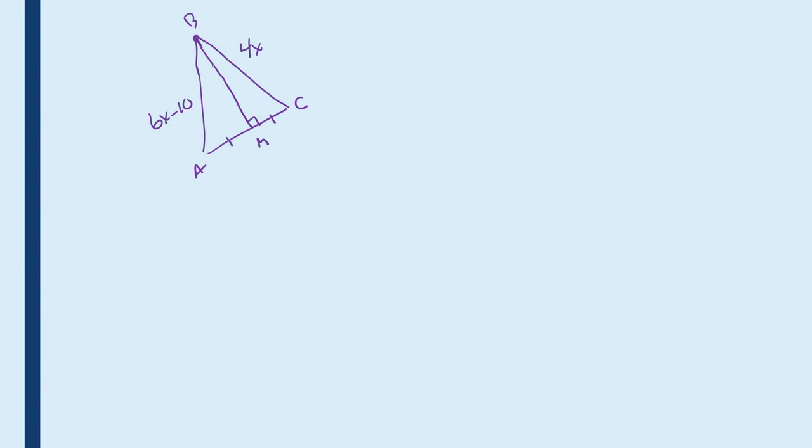Since B is on the perpendicular bisector of AC, I know that BC is equal to BA. And it's a pretty easy task to solve this equation. Add 10 to both sides, bring the 4x over here. I get 10 equals 2x, or x equals 5.